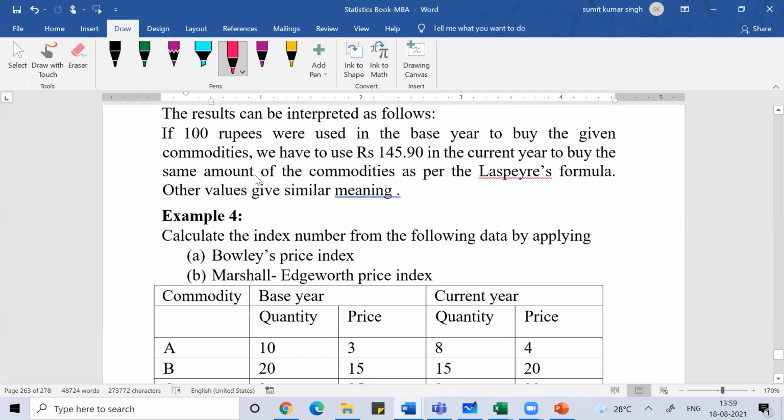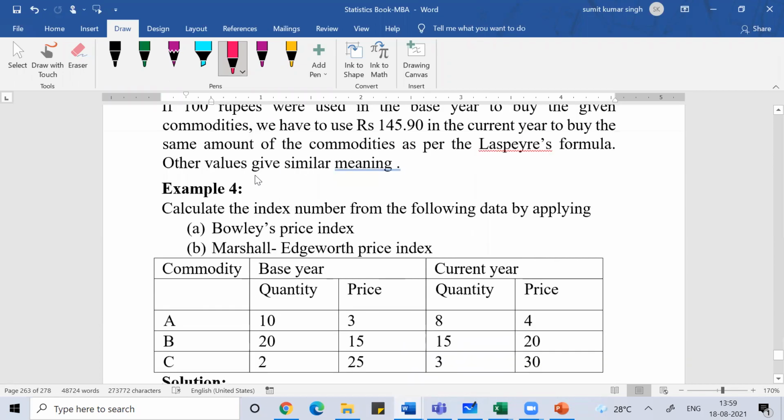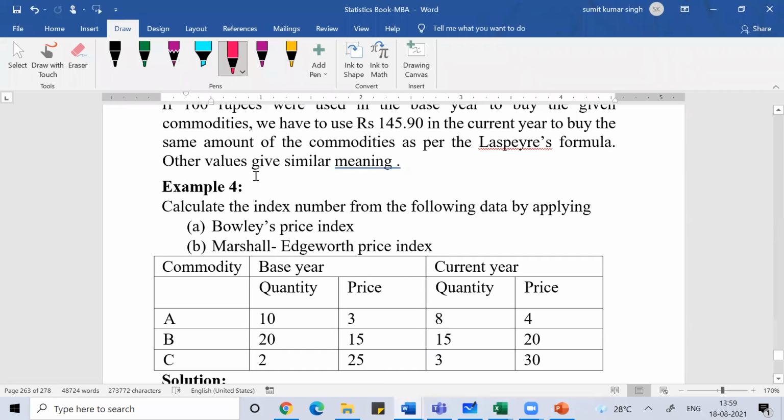So very simple. Now try this question. You have to find Dorbish-Bowley and Marshall-Edgeworth for this data. Do this calculation, everyone.